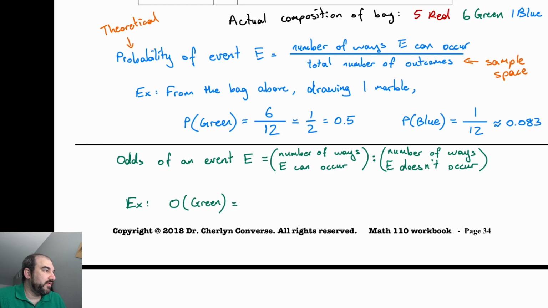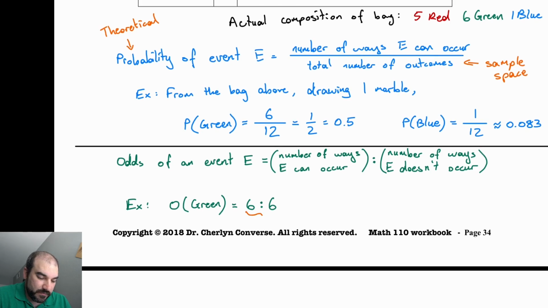Essentially, the number of green marbles is 6. There's 6 different ways to get a green. To, how many different ways can we not get a green? 6 as well. Good. So the odds of getting a green are, we would say, 6 to 6. We would read this as 6 to 6.